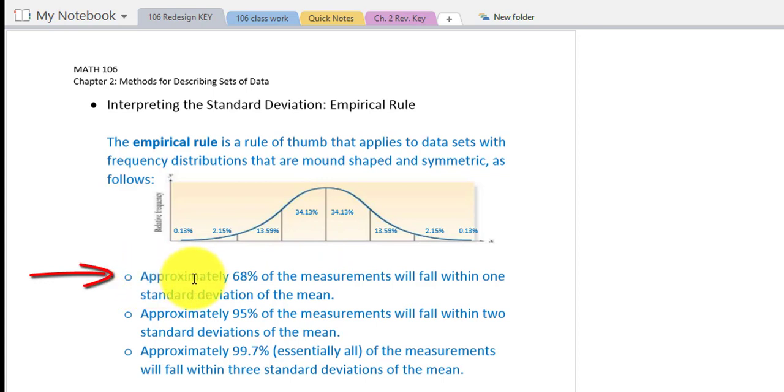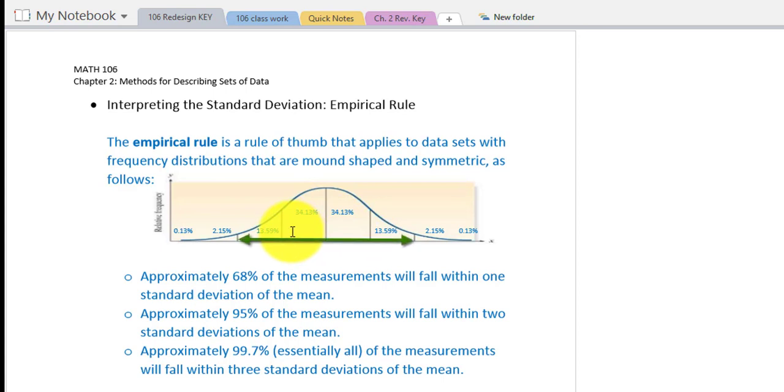So you can see that approximately 68% of the measurements fall within 1 standard deviation of the mean. To fall within, that means you are considering to the left of the mean as well as to the right of the mean. So 34 and 34, that is about 68% of the data falls within 1 standard deviation, according to the empirical rule.